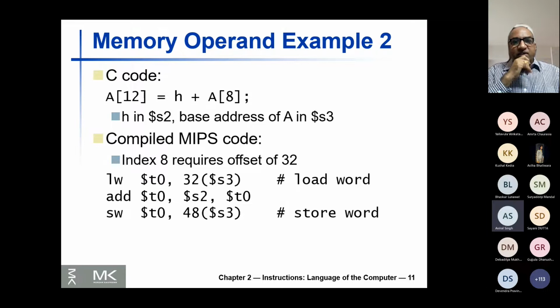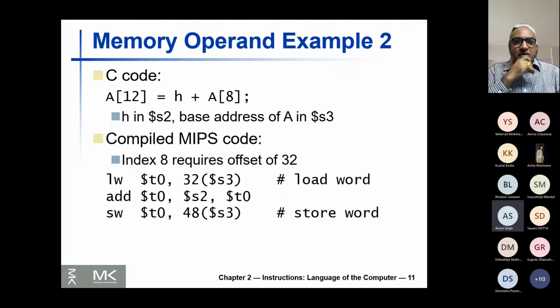You see that A12 equals H plus A of 8. The arithmetic operation has to be performed on the 2 operands. One is a normal variable, assume that it's there in the register, and the other is the memory content. And whatever result you get has to be placed in the array at the 12th position.